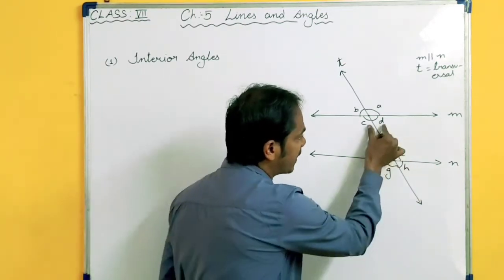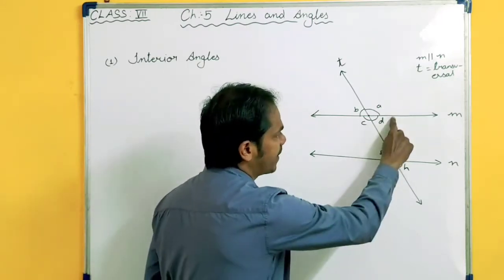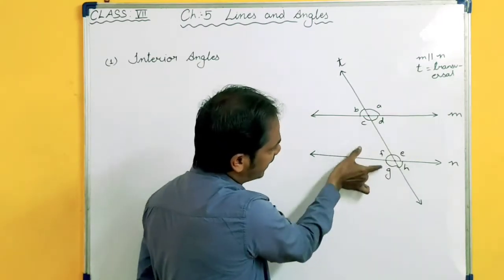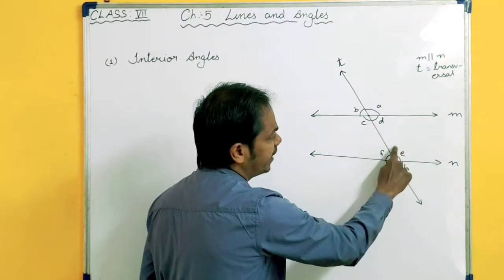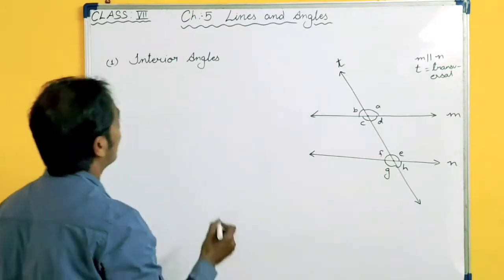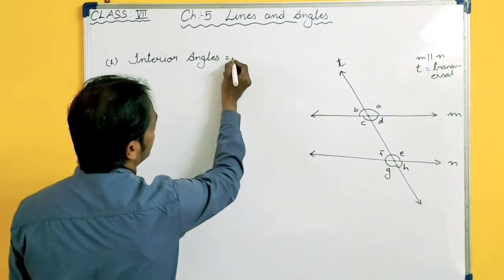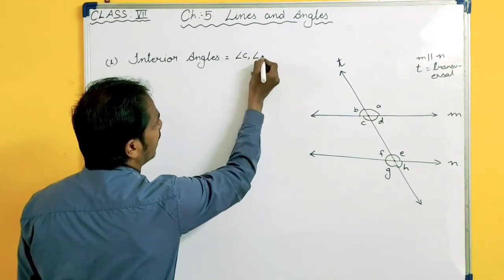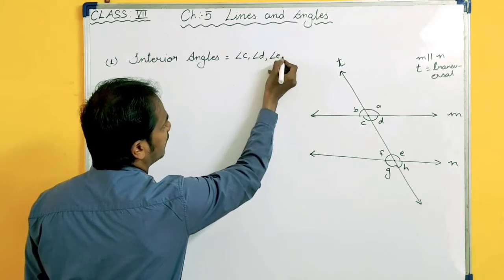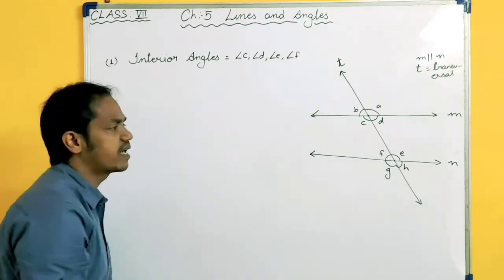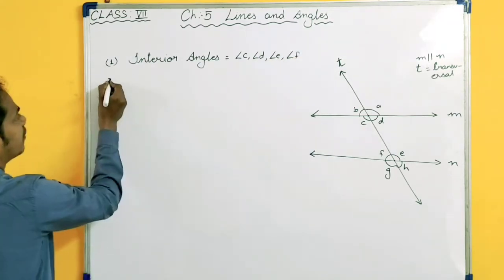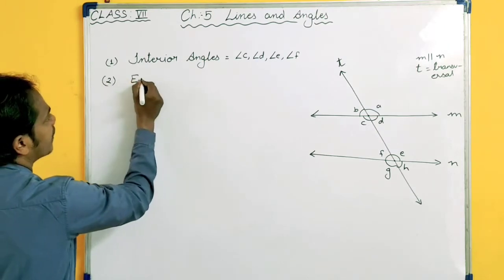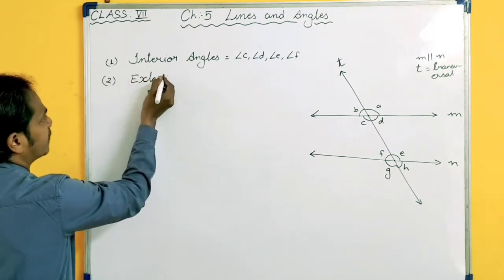So the angles which are inside the parallel lines, see, these are the two parallel lines, and inside them are angles C, D, E and F. These 4 angles are called interior angles. Now the second type, exterior angles.